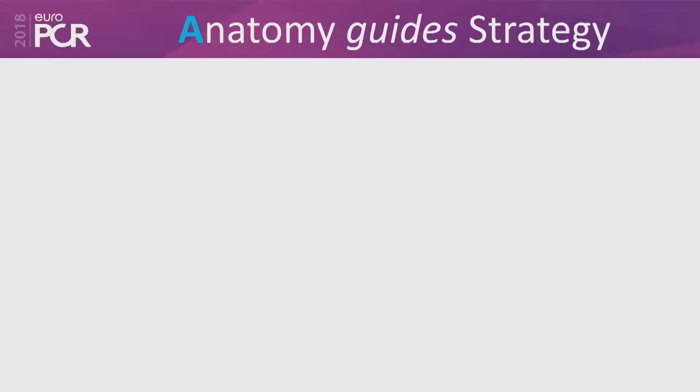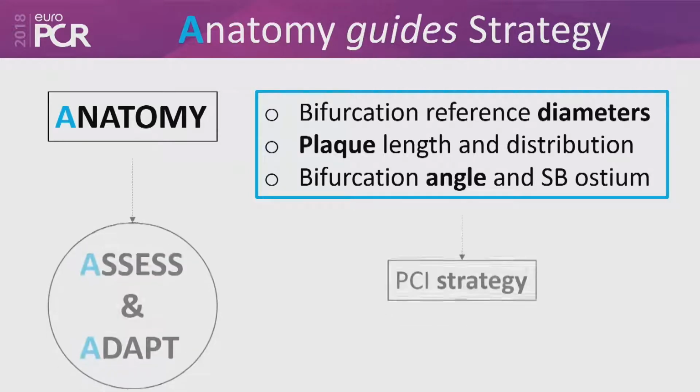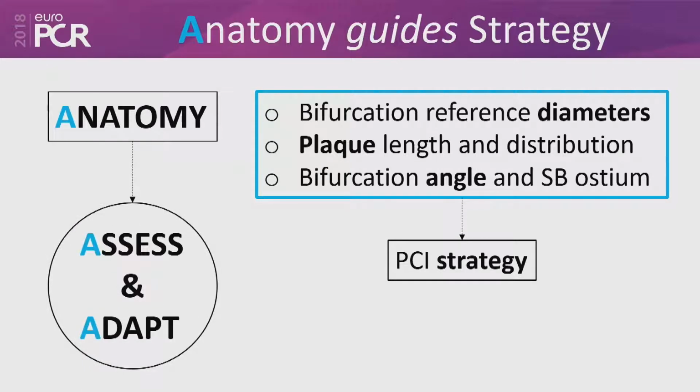Anatomy-guided strategy, that is the conclusion. So we need to understand the anatomy in order to be able to develop a functioning and good strategy. These are the pieces of the puzzle: diameters, plaque length and distribution, and the bifurcation angle with a focus on the side branch ostium. Then we develop the strategy, and we have to be ready not only to assess the anatomy, but also to adapt to the changes that may come along as we go step by step in the bifurcation PCI.